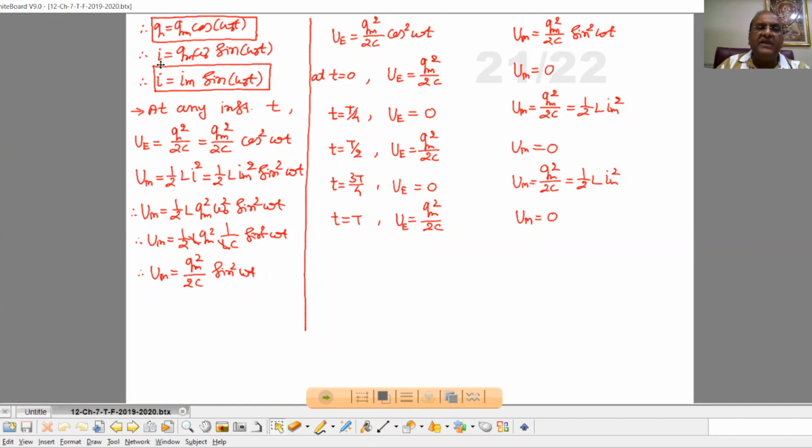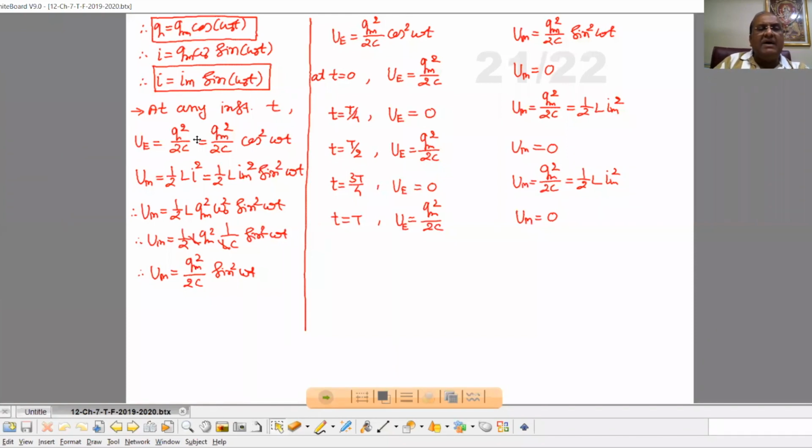So that will be I equal to qm omega 0 sine omega 0 t. So I equal to Im sine omega 0 t, where Im is qm into omega 0. Now we have the equation of charge at any time t as well as the current at any time t.